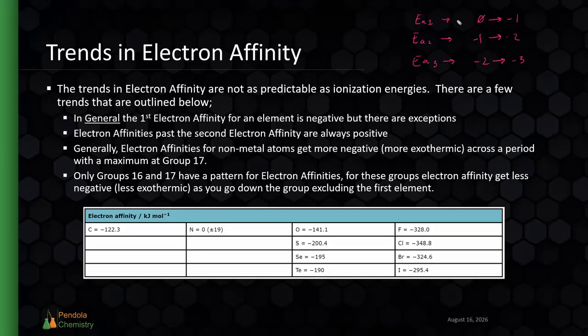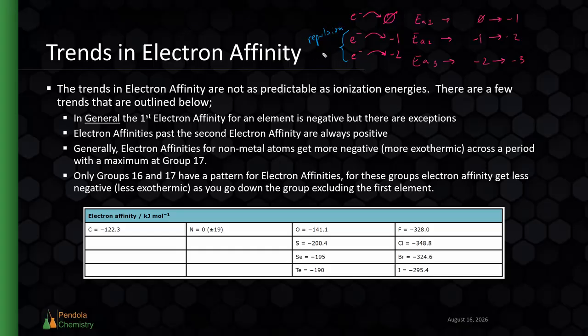So what happens? In the first electron affinity, we are adding an electron to something that is neutral in charge, meaning there is no repulsion there. But once we get to the second electron affinity and on, we're adding an electron to something that already has a -1 charge, or to something that has a -2 charge, meaning that these, or anything after the first one really, are going to experience repulsion.